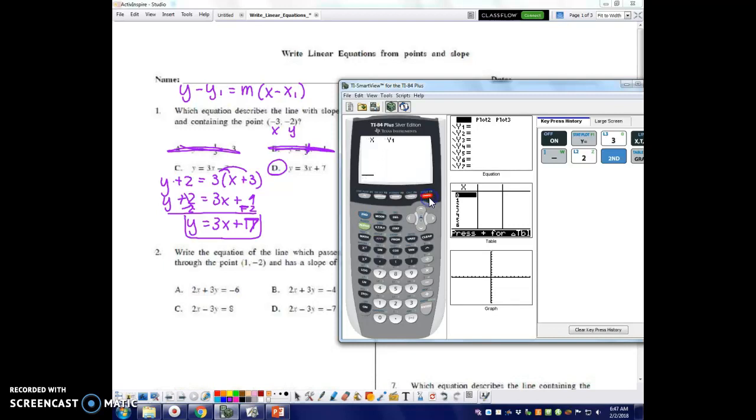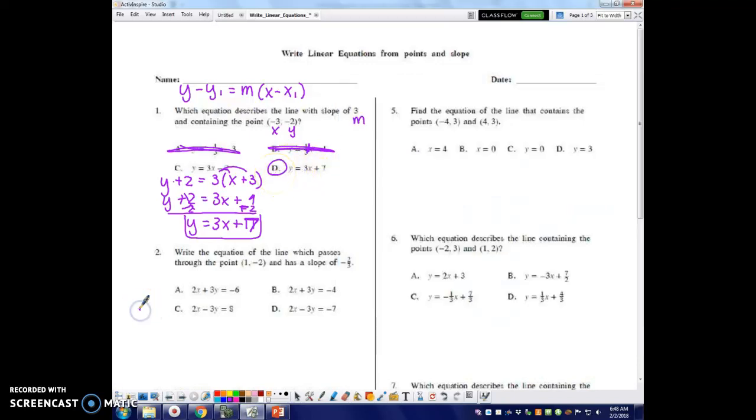Go to your table and see if it has the point -3, -2. Nope. So then check this one, 3x plus 7. Go to your table. It does. So that one fits. You can also do it that way. If you're not comfortable doing it this way, I want you to just type it in.